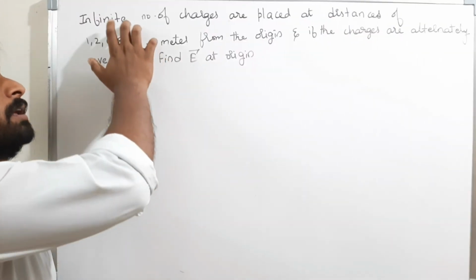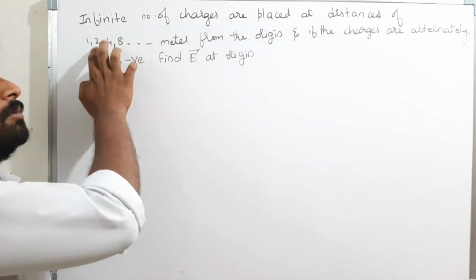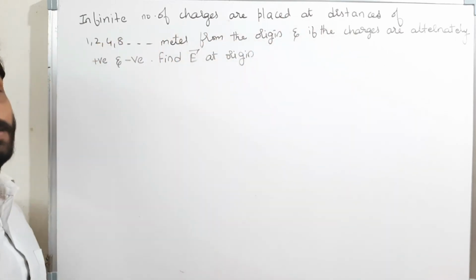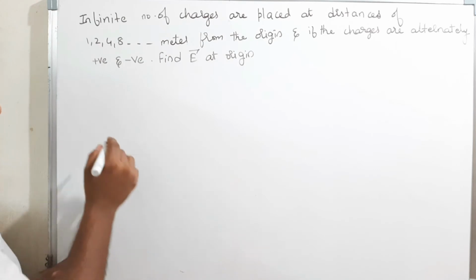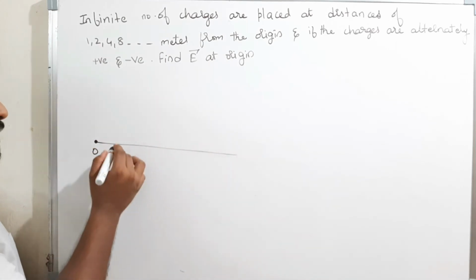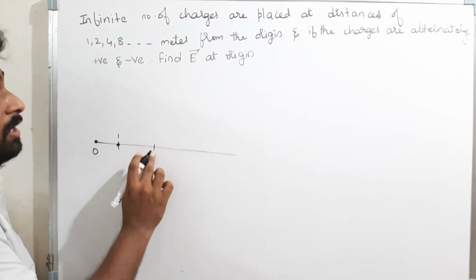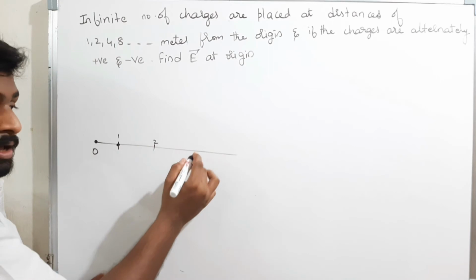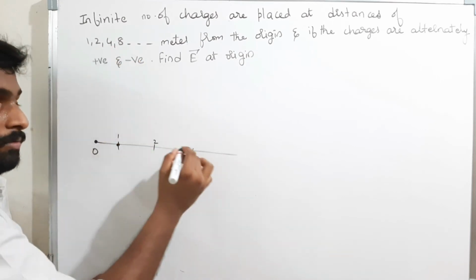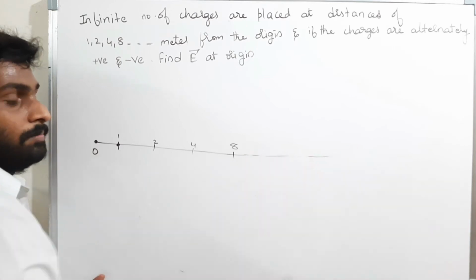Okay, see this question. Infinite number of charges are placed at a distance of 1, 2, 4, 8 meters from the origin. That means this is the origin, and one charge is placed at 1, the second charge is placed at 2, the third charge is placed at 4, and the next one is at 8, and so on.